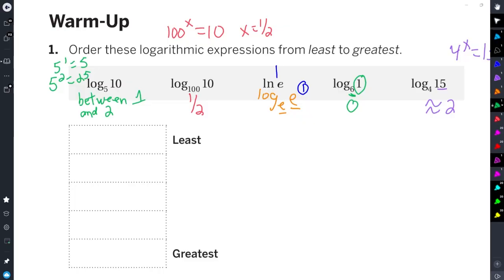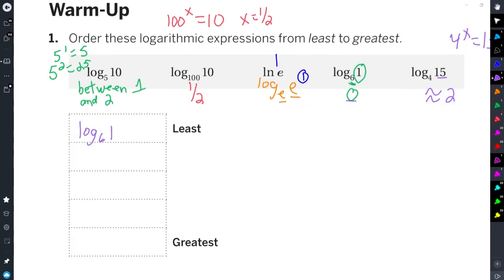So now if we order these from smallest to largest, 0 is the smallest one, so it's going to be log base 6 of 1. Then we have 1/2, so log base 100 of 10. Then we have 1, ln e.